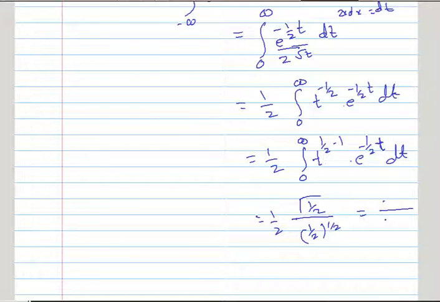So this expression will be 1 upon 2, raised to 1 half, so that this quantity 1 upon root 2 will be there. Root 2 will get cancelled, and only a root 2 will remain in the denominator, and here gamma 1 half is root pi.